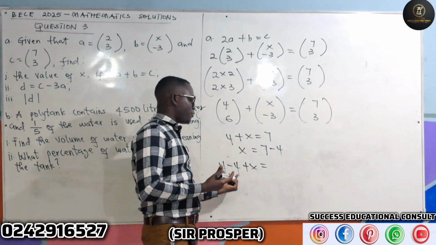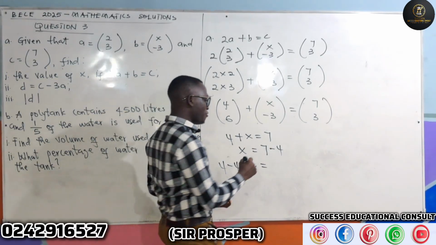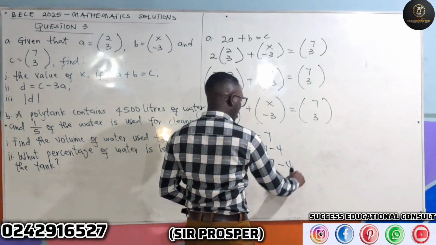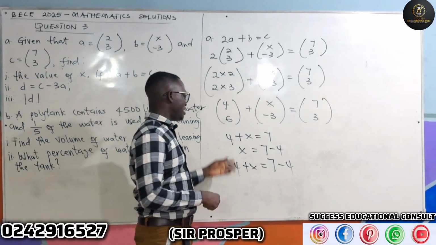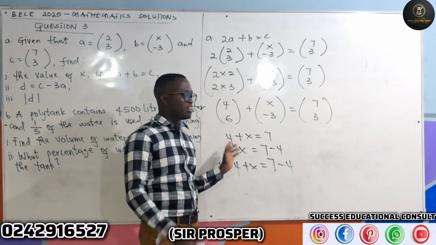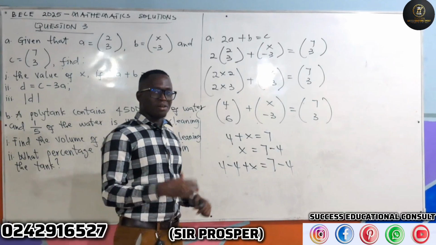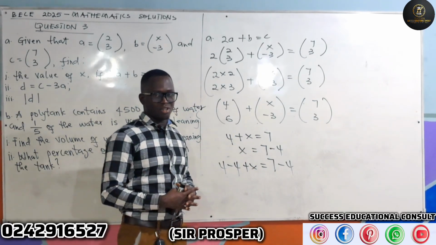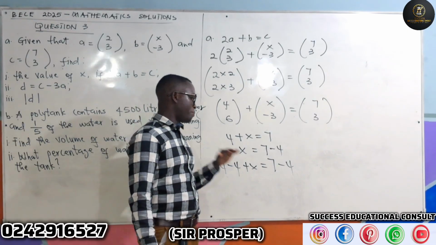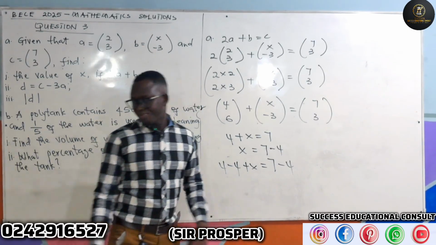So we have subtracted 4 on the left hand side. The same 4 must be taken away from the right hand side. This is the reason why we normally change the operational sign when we are grouping items, because of the balancing approach.